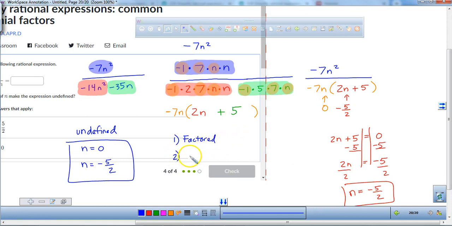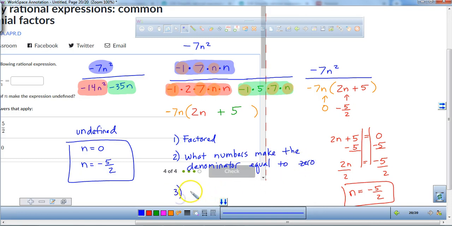Step 2, I figured out what numbers make the denominator equal to 0.